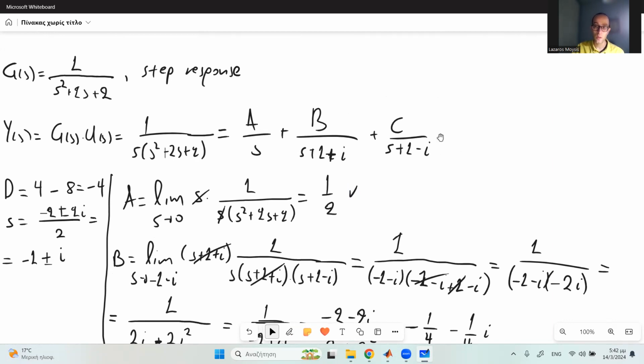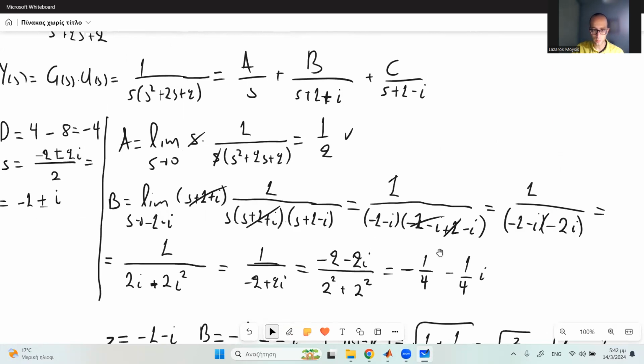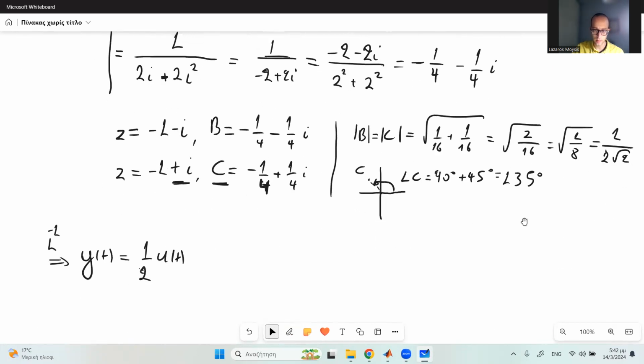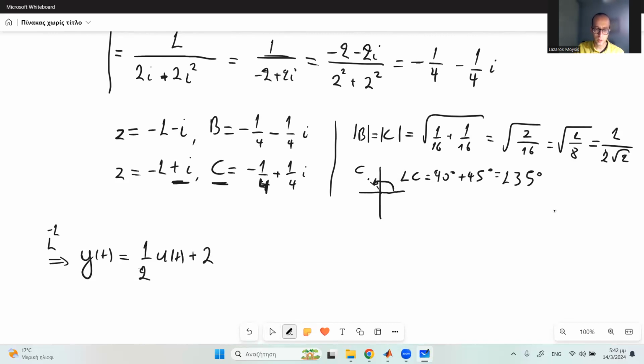The other two terms, we are going to combine them together into a single formula, which let's write down right here. So it is plus 2 times this number right here, which is 1 over 2 sqrt of 2, multiplied by the exponential of minus t, multiplied by the cosine of t plus 135 degrees. Right, amazing.